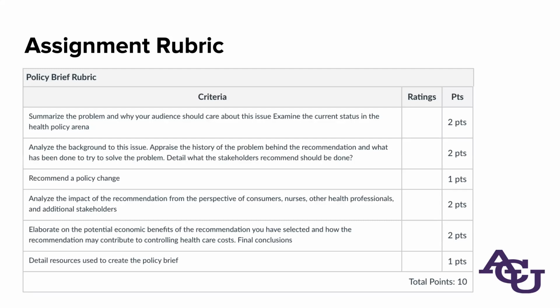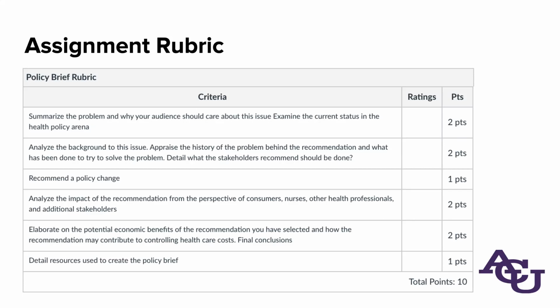then we're probably talking maybe a page and a half maximum for these sections that are marked summarize the problem with 2 points. So I would say recommended policy change is probably going to be 1 paragraph, and 2 at the long end.